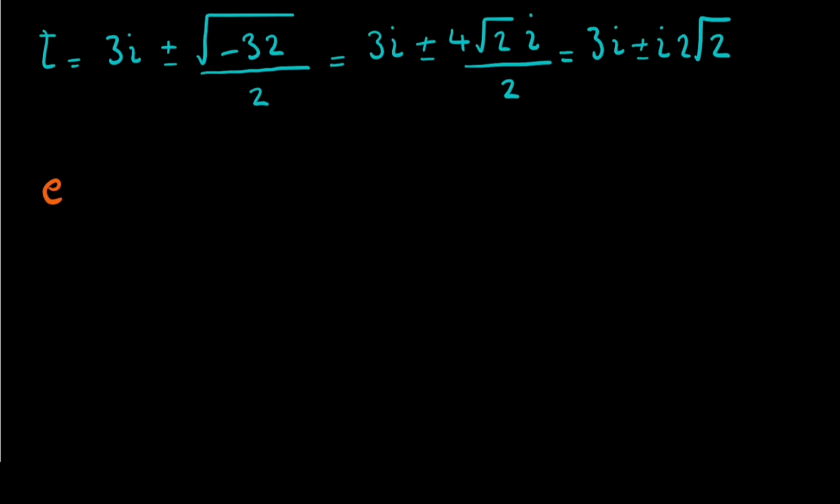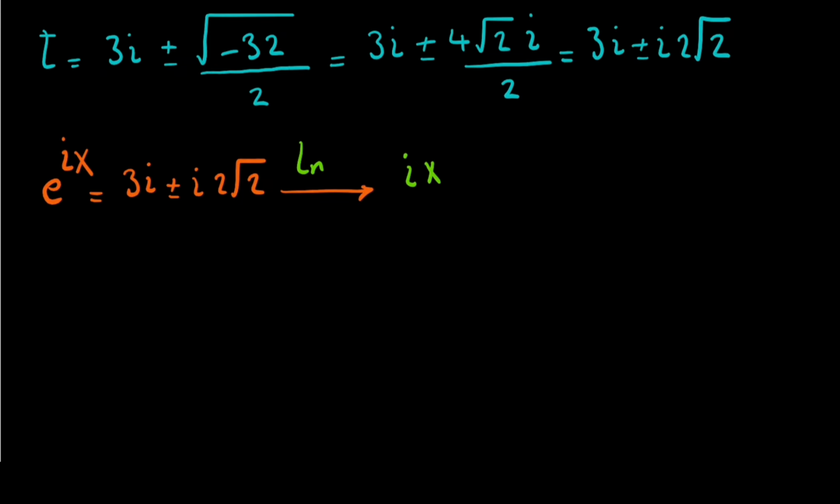e to the power of ix equals 3i ± i times 2√2. So I put ln behind this equation, and it means I can put ln. So on the left side I can just write ix. Why?